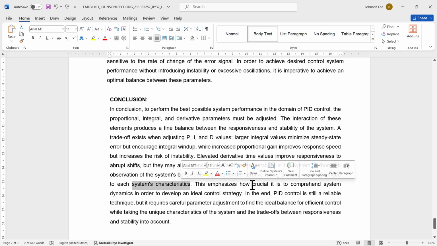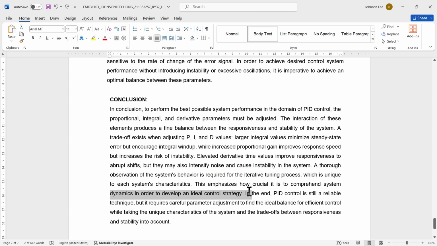This emphasizes how crucial it is to comprehend system dynamics in order to develop an ideal control strategy. In the end, PID control is still a reliable technique, but it requires careful parameter adjustment to find the ideal balance for efficient control, taking into account the unique characteristics of the system and the trade-off between responsiveness and stability.